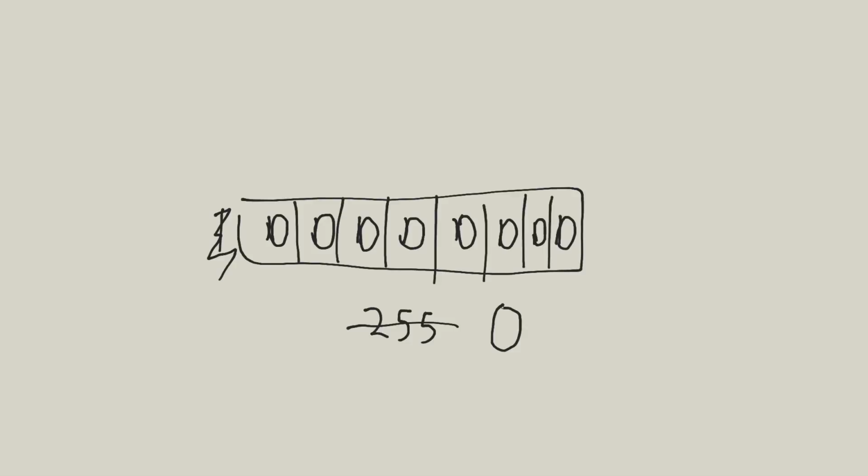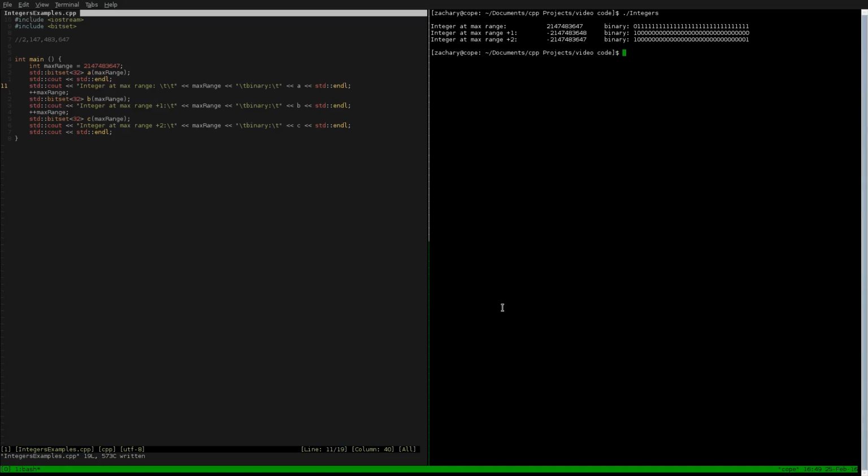So I'm going to switch us over to some code that I wrote earlier. And if we look at the code right here, we have the max of an int variable type. Now an int variable type, and this is a signed int variable type, has a maximum positive range of 2,147,483,647.